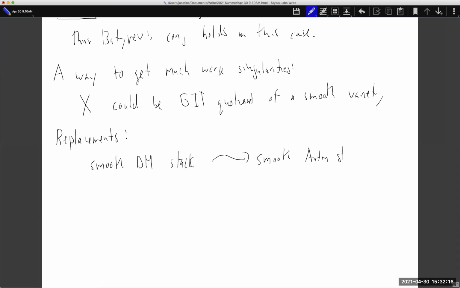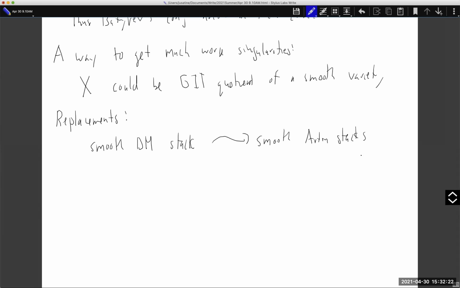One way to think about smooth Artin stacks is that instead of looking like things quotiented by finite groups, they look like things quotiented by algebraic groups. And another ingredient: what does the stack have to do with the singular variety we started off with? For quotient singularities, we said this thing is the coarse moduli space of this smooth Deligne-Mumford stack.